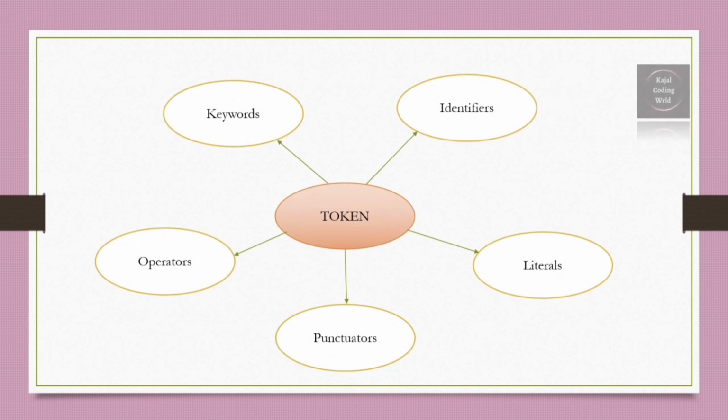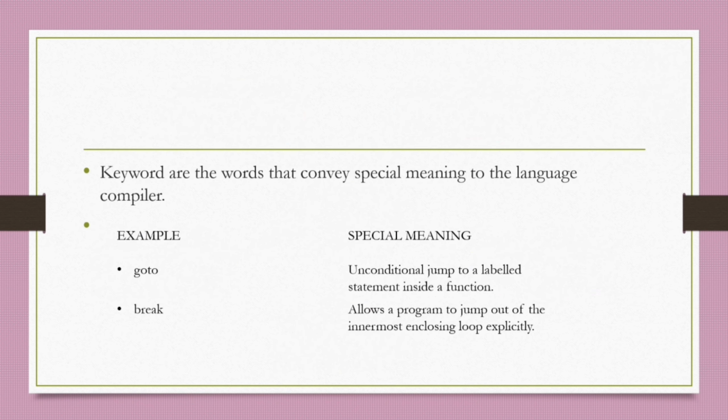Now we have so many types of tokens like keyword, identifier, literals, punctuators, operators. So what are keywords? Keywords are the words that convey special meaning to the language compiler, or simply we can say that keywords are predefined words or reserved words that have some predefined meaning.